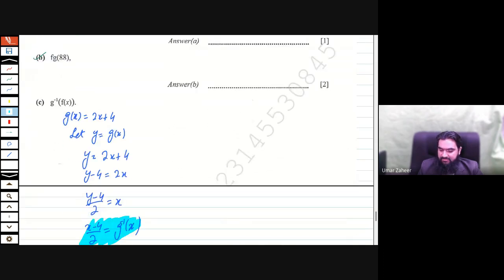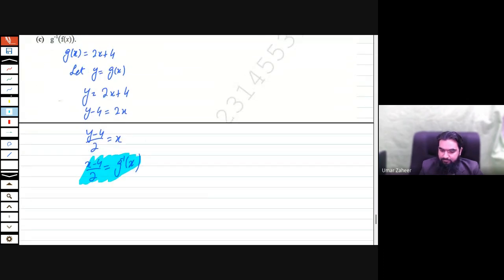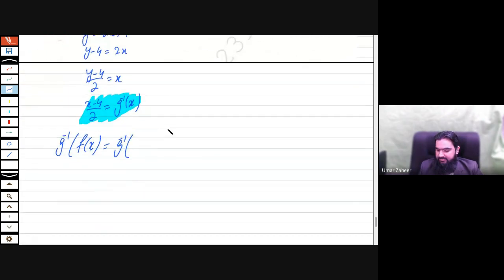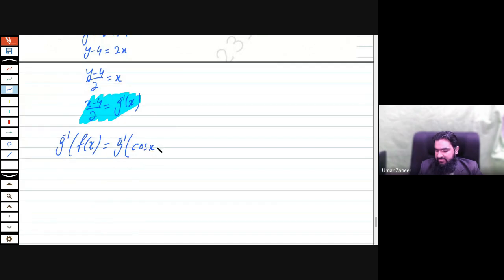So now we have the value of g inverse, and we have the value of f of x. Let's find g inverse of f of x. The value of f of x is cos x. So it will be cos x here. Now which function is applying? g inverse.